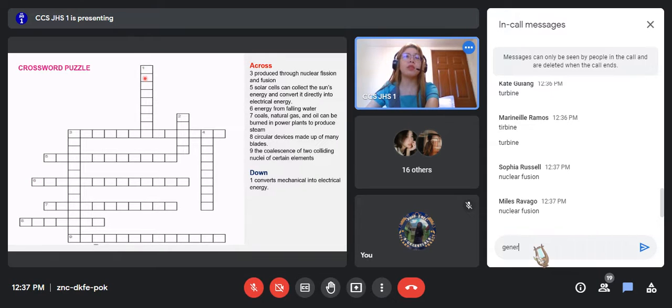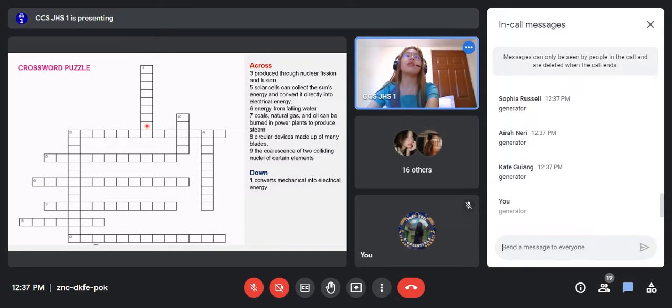This is 1 down. 2, 4, 6, 8, 9. All right, very good. Sophia, Ira, Kate, Pauline, and Isa. Generator. Next, used to turn a turbine. This is 2. Okay, very good. Marinelle and Kate, Isa, that is steam.